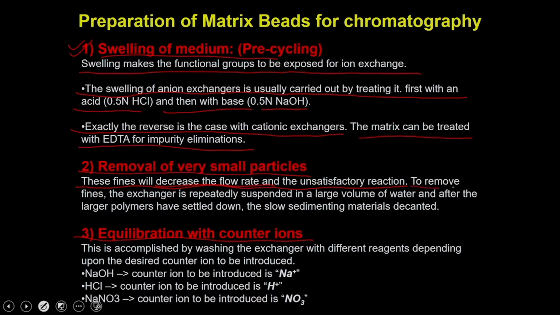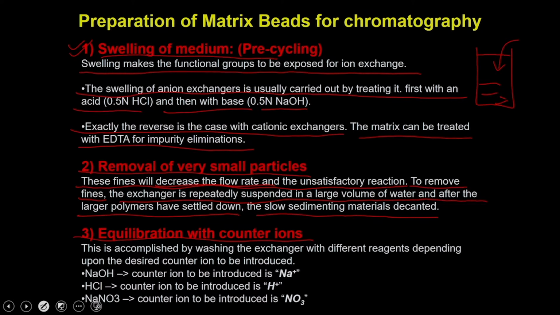To remove the fine particles, the exchanger is repeatedly suspended in a large volume of water, and after the larger polymers have settled down, the slowly sedimenting fines are decanted. What you do is take the matrix into a beaker and fill it with a large quantity of water.